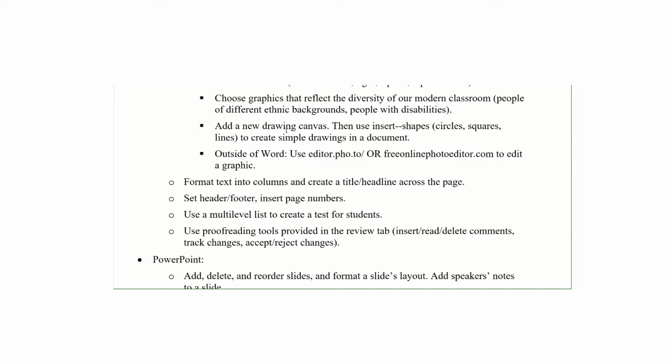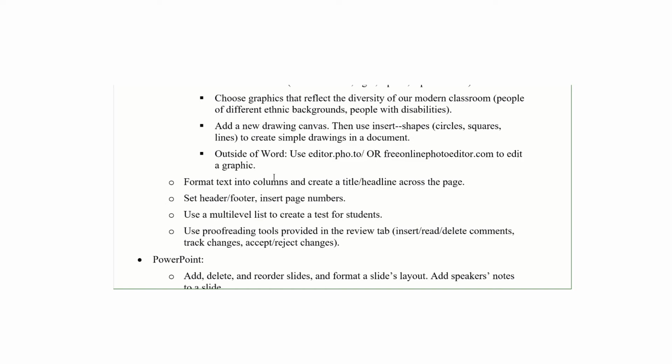And then we looked outside of Word, and we said that there are some online free editors which would kind of do the Photoshop types of activities and allow you to do more heavy editing. We also looked at how to do basic editing right within the Microsoft suite of programs as well.